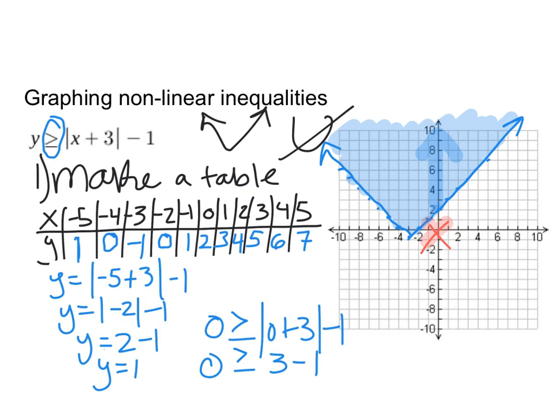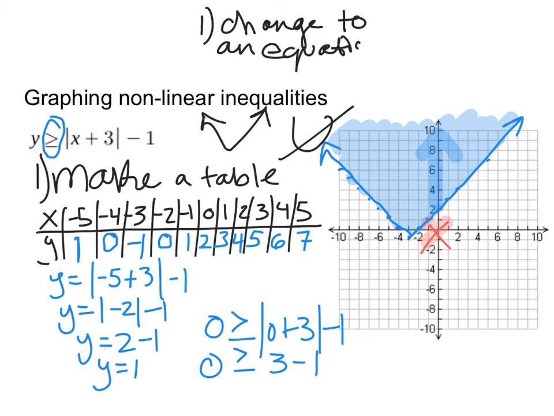And so if you were doing this with a parabola instead of with an absolute value, or with an exponential curve, anything, you would just first change it into an equation. So change to the equivalent equation instead of the inequality, and graph that. You already know how to do those things.